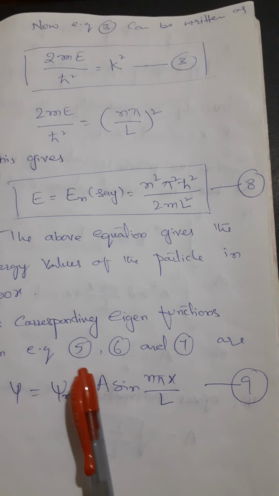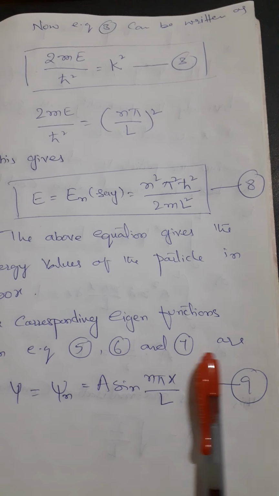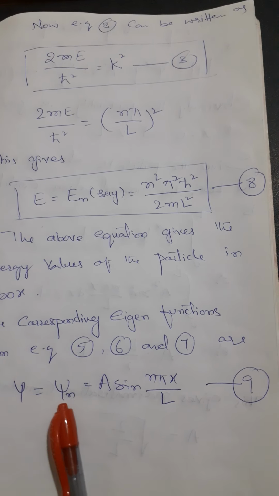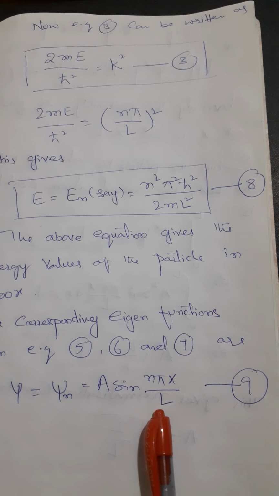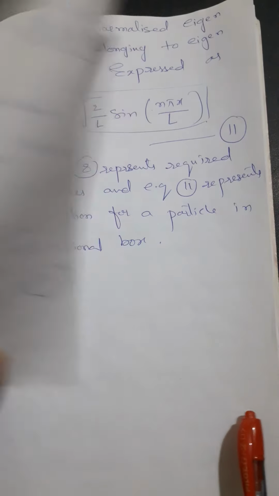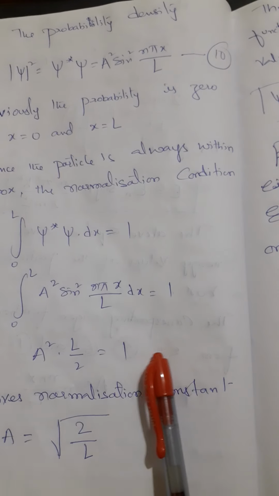This is nothing but an eigenfunction. So from equations number 5, 6 and 7 we can write psi is equal to psi n is equal to a sin, and the k value is n pi x by L. Let us take this as equation number 9.